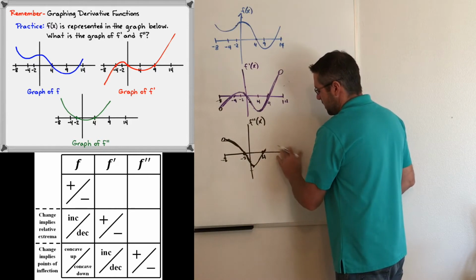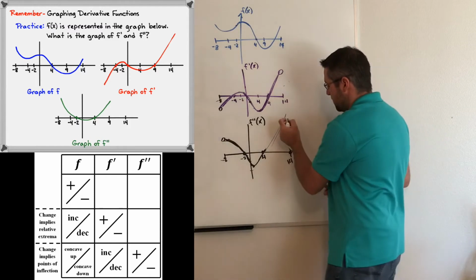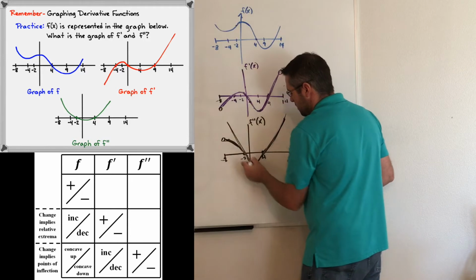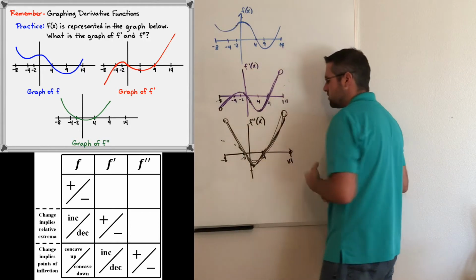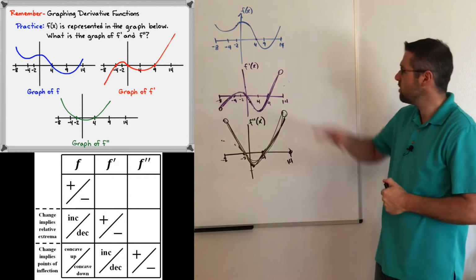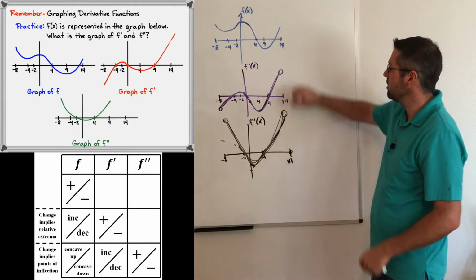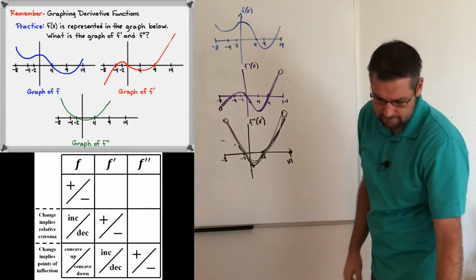So it would look something like a parabola, because that's a cube function. So something like that, okay? However you graphed it, we're just looking for points of inflection on this graph to see when f double prime changes signs. We're looking for extrema on this graph to see where f prime is changing signs, okay?